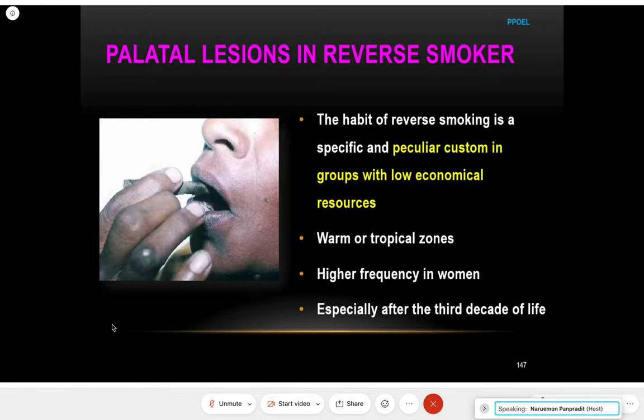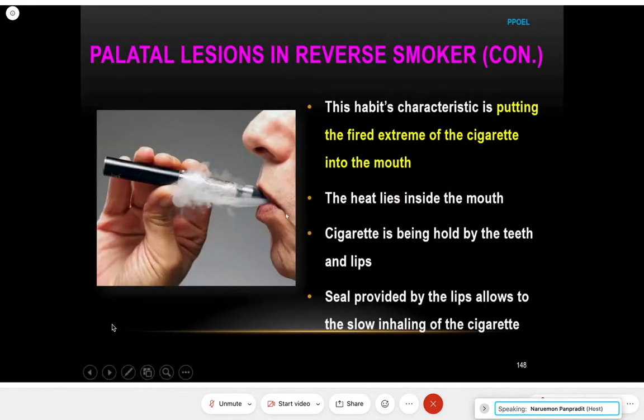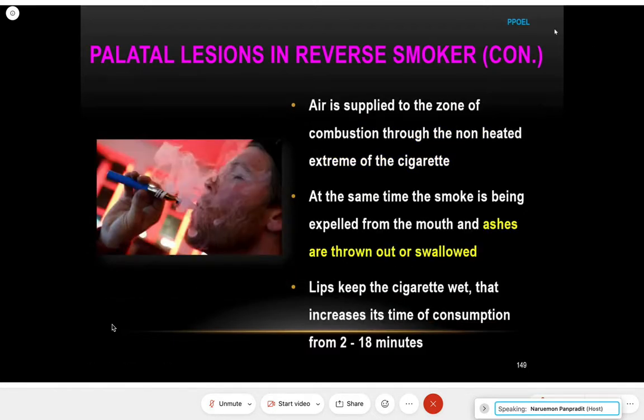It irritates all the mucosa. The fire end has a very high temperature, and some patients take 2 to 18 minutes to consume it.